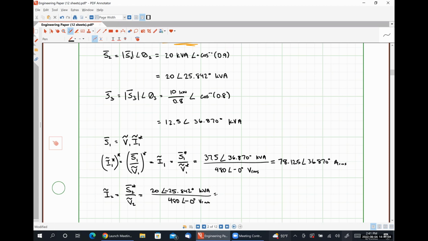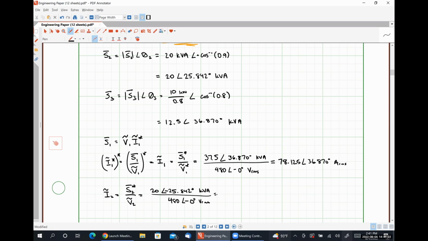Putting that in my calculator, negative 25.842 divided by 480 times 1,000 to get the units right.